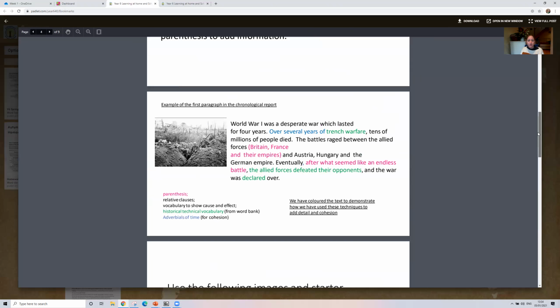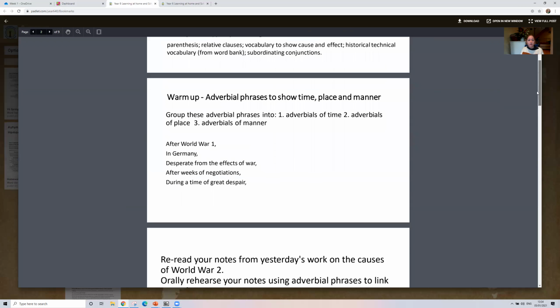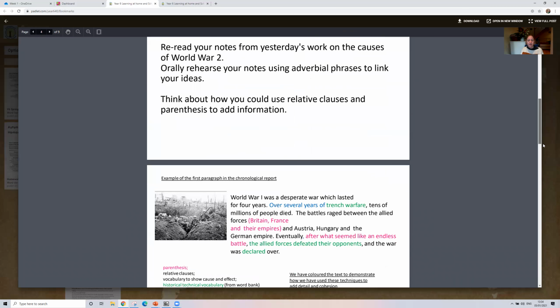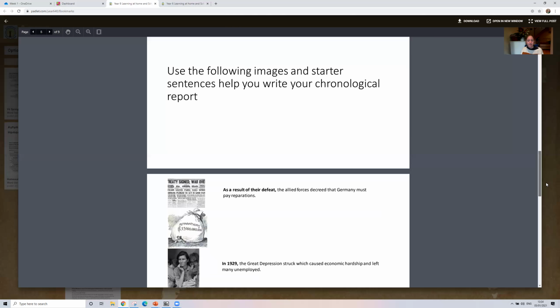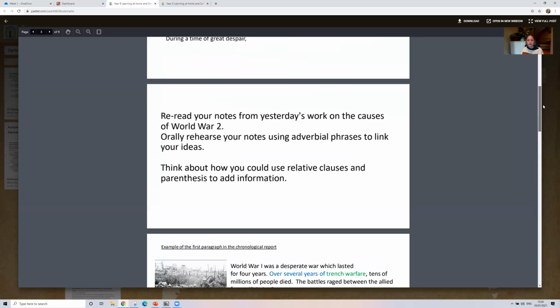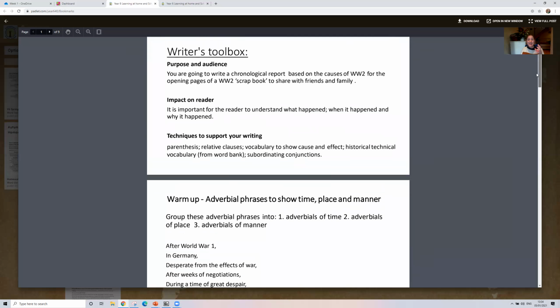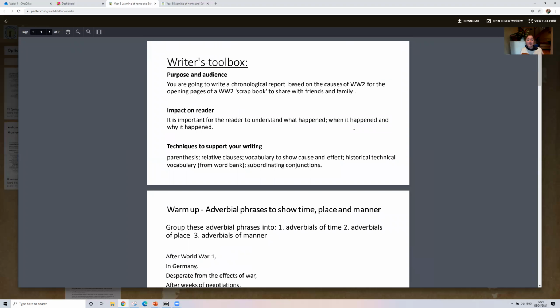And then we've also got our adverbials of time, and we've got some more examples of those in the sentences that we gave you for each of the images as a starting point. Those adverbials of time really help us to think about when these things were happening, helping your reader to understand when something happened.